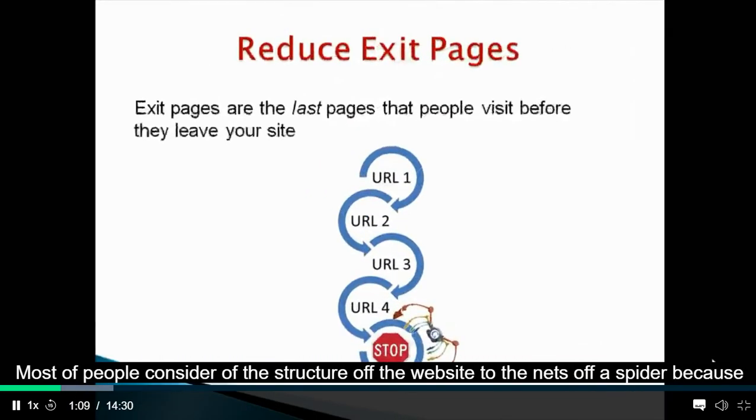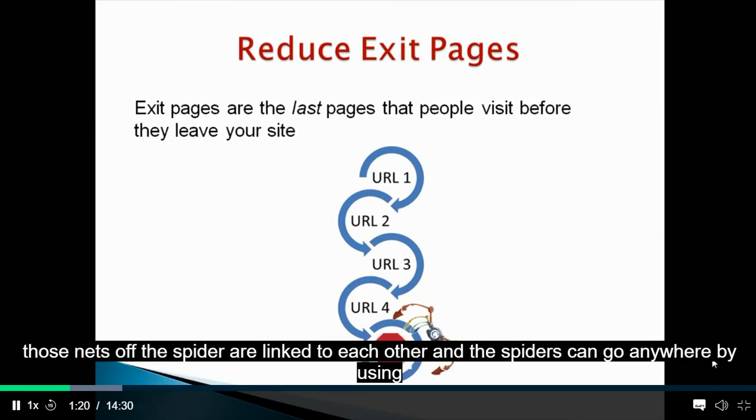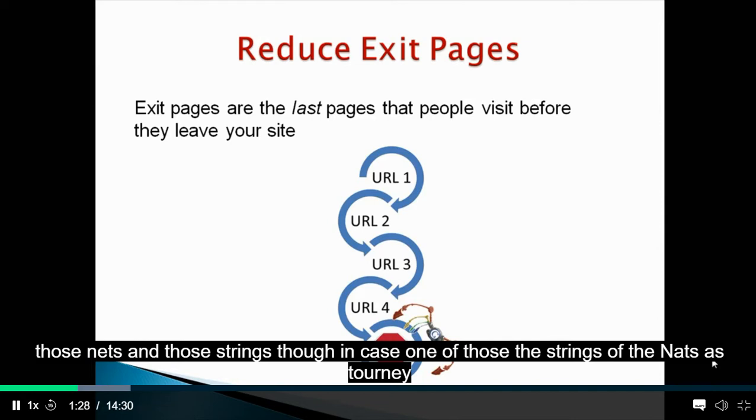Most people compare the structure of a website to the net of a spider, because the strands of a spider's net are linked to each other, and the spider can go anywhere by using those strings.